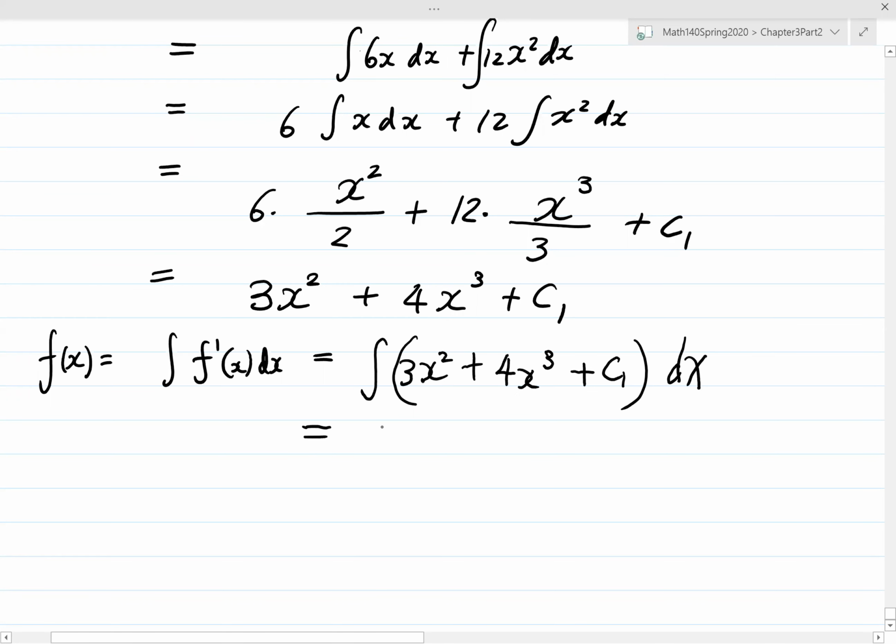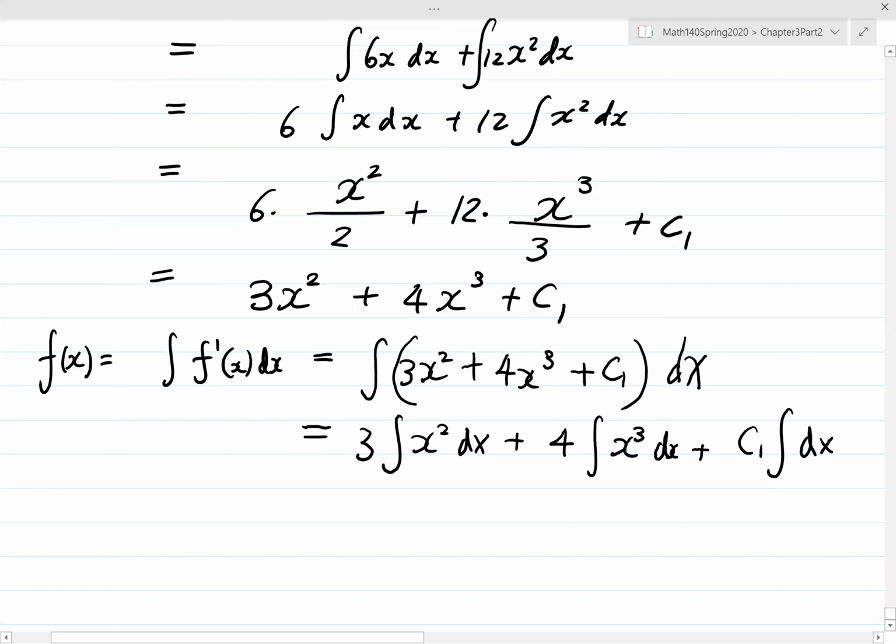Then we distribute, and we get 3x squared dx plus, factoring out the coefficients, 4x cubed dx. Now c1, you can also factor out, and if you factor out c1 you get 1, whose antiderivative is c1 x. For x squared, increase the power by 1 and divide, so we get x cubed over 3.